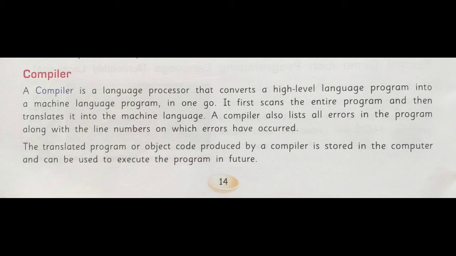In one go, it first scans the entire program and then translates it into the machine language. A compiler also lists all errors in the program along with the line numbers on which errors have occurred. The translated program or object code produced by a compiler is stored in the computer and can be used to execute the program in future.